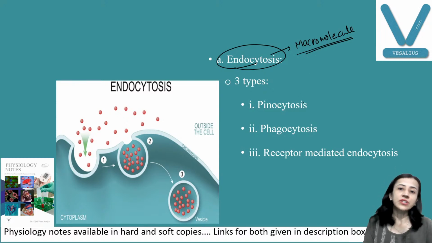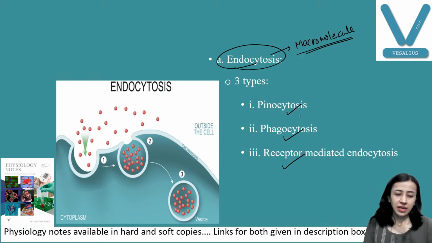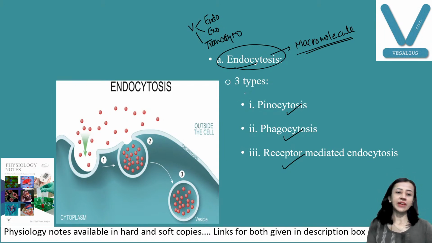This endocytosis is again of three types: pinocytosis, phagocytosis, and receptor mediated endocytosis. I repeat, vesicular transport is of three types: endocytosis, exocytosis, and transcytosis, and endocytosis again has three varieties.